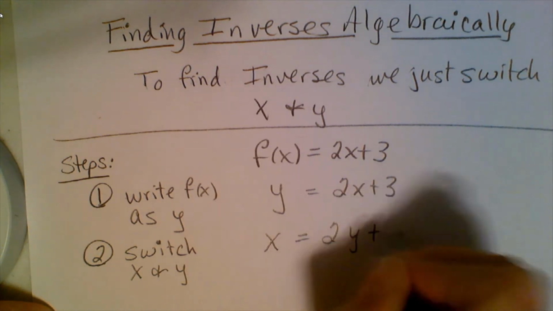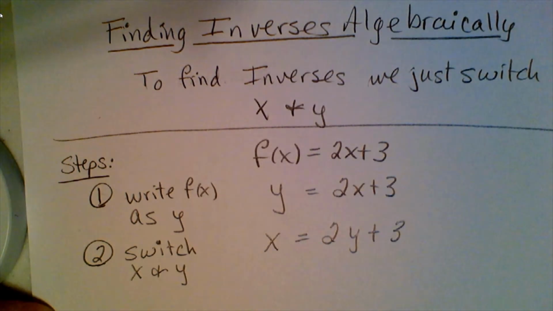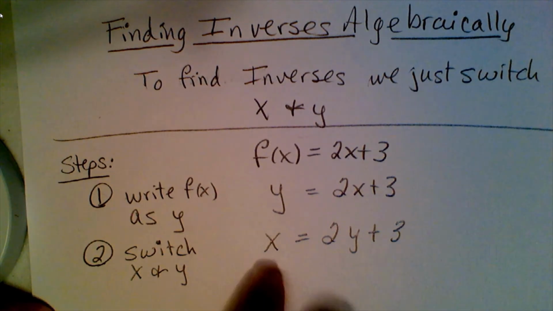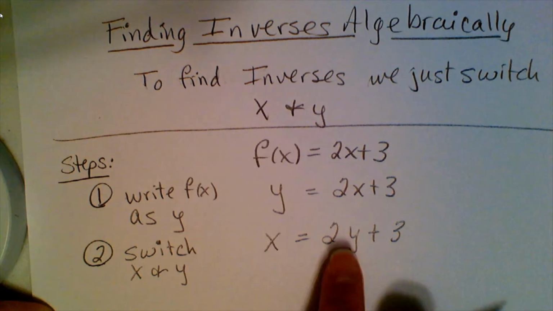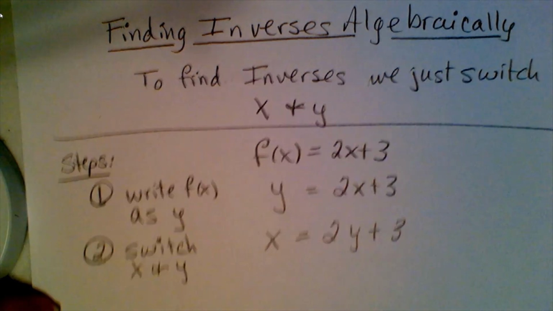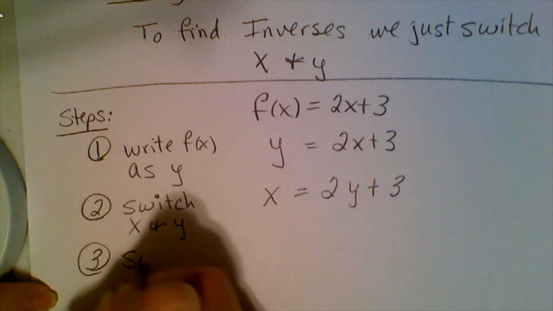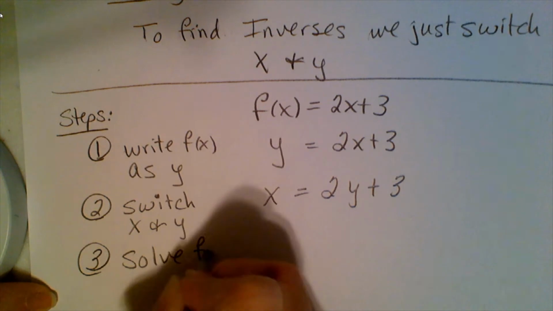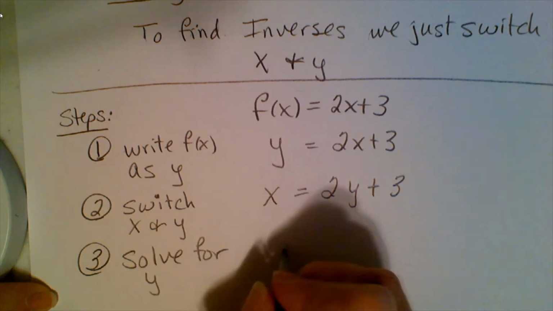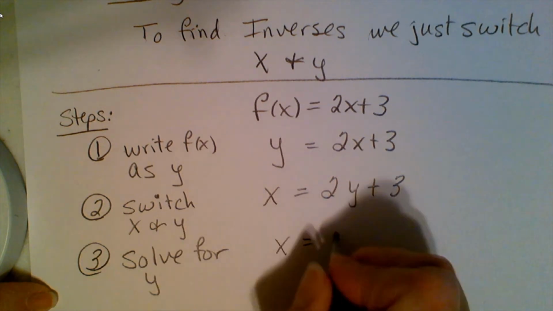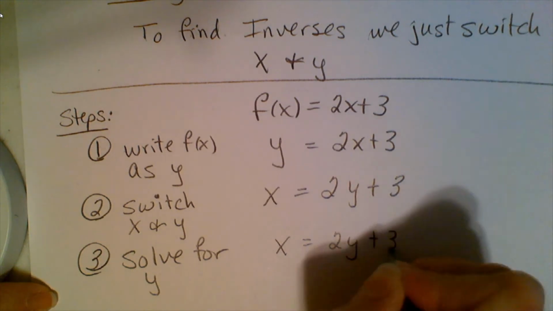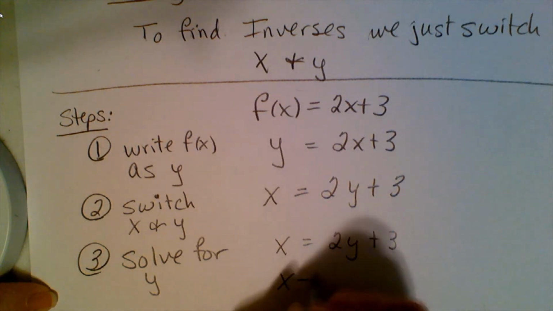Now, if it weren't linear, and it had a whole bunch of x's, we would have to write x one time, and we would write y a lot of times. Okay, step 3: solve for y. So we're going to go through the steps of solving for y. So we would subtract 3 from both sides.